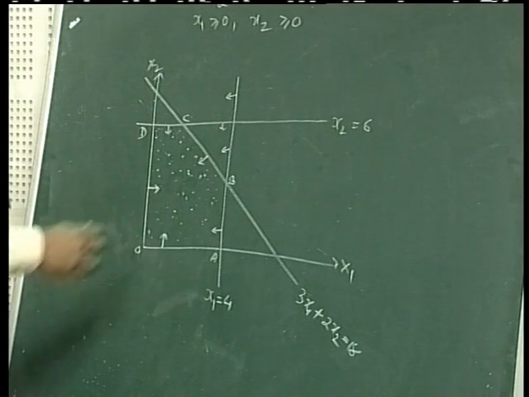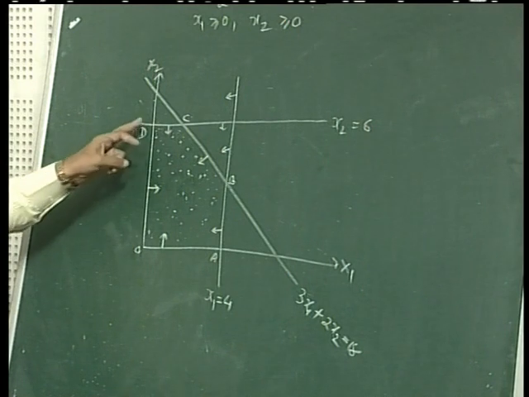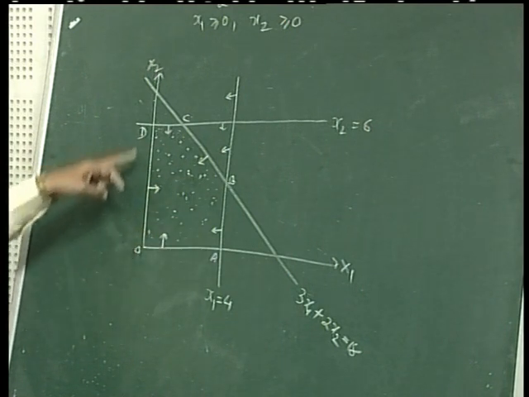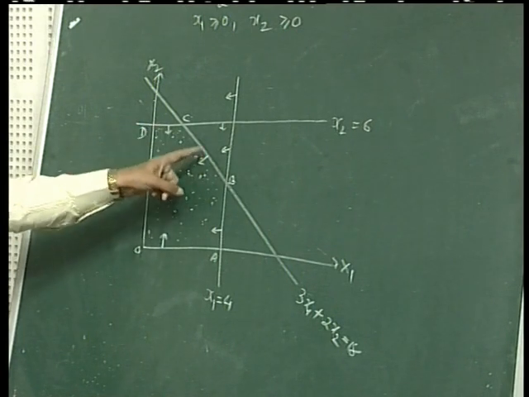Many a time in the minimization type problem, like the previous problem of Taylor's, if you plot, you will get an unbounded region. Now if it is bounded, then it will be a convex set. How do we define a convex set in mathematics?